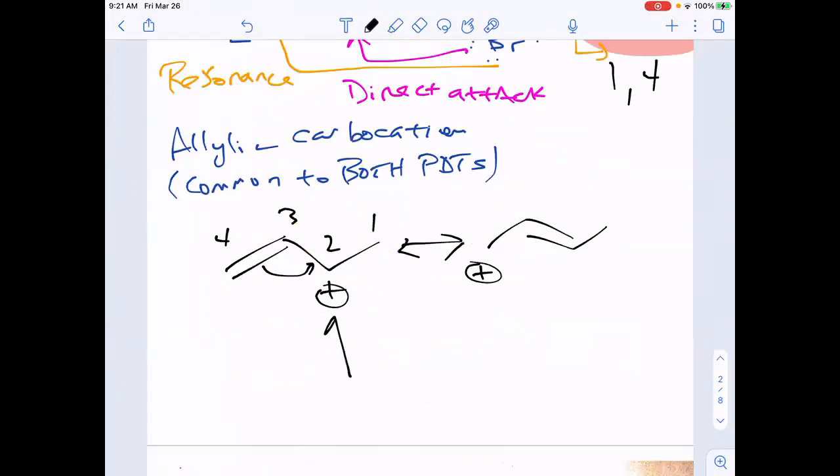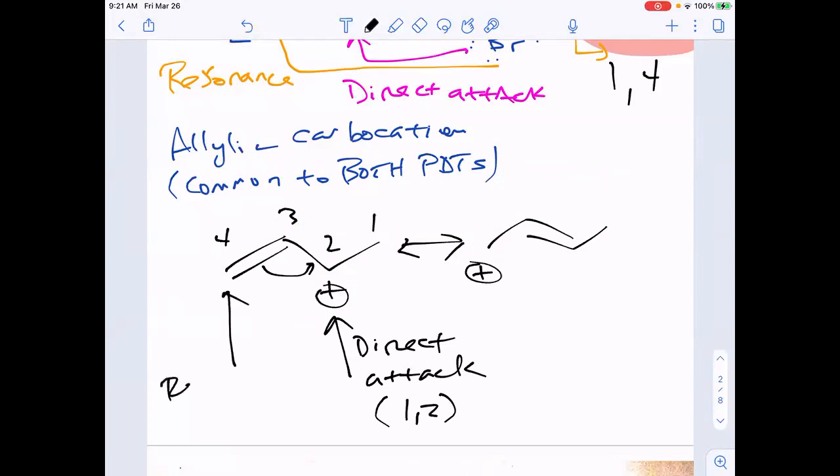So bromine attacks directly here. We call that 1,2 attack. If bromine attacks here, or what we call the resonance product, that would be considered 1,4 attack.